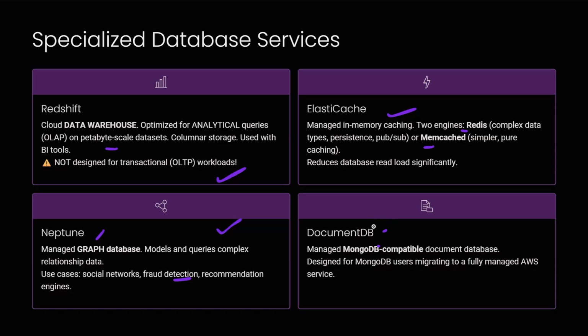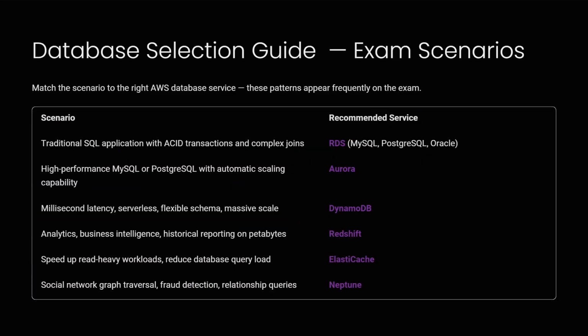Okay, let's look at this. Take a screenshot of this cheat sheet. Let's see. Traditional application, SQL application with ACID transactions and complex joins. The service is RDS. Crazy fast enterprise MySQL. What is that? Aurora. We have millisecond latency, serverless, flexible schema, and massive scale.